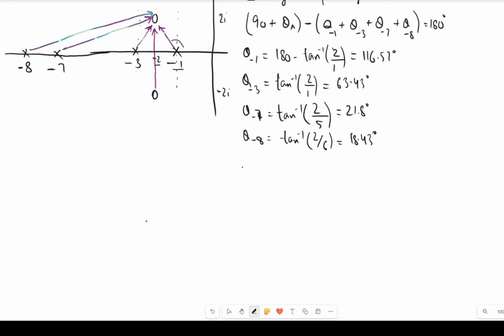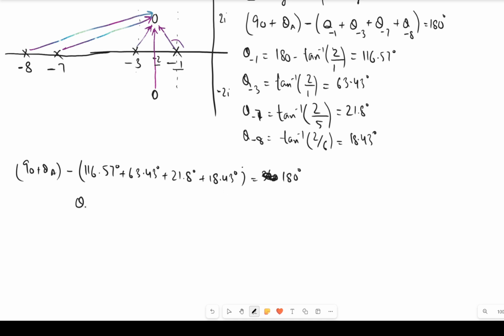Okay, so let's just put the values. We have 90 plus theta A minus 116.57 plus 63.43 plus 21.8 plus 18.43 equals 360, equals 180 degrees.